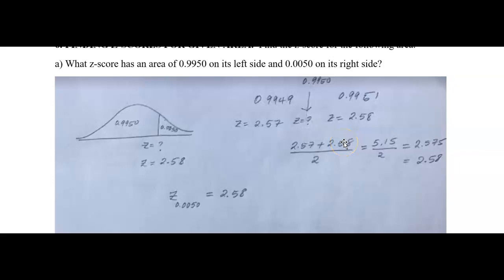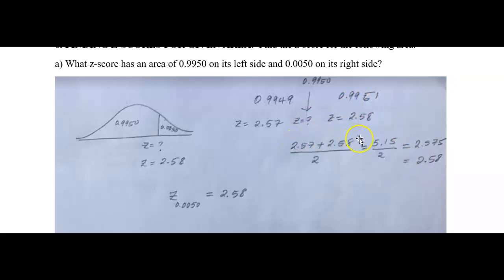But we always round our z-scores to 2 places, right? If we round this number to 2 places, we get back this one here, which is fine. So this is what we will use, right? So when it's exactly in the middle, see, it wasn't closer to any of them. It was exactly in the middle. This is the technique we have, and you will see a pattern. You will see that it'll always come out to be this number here.